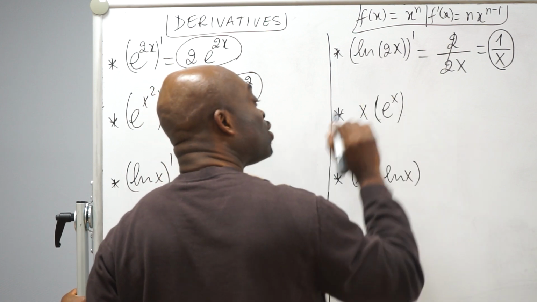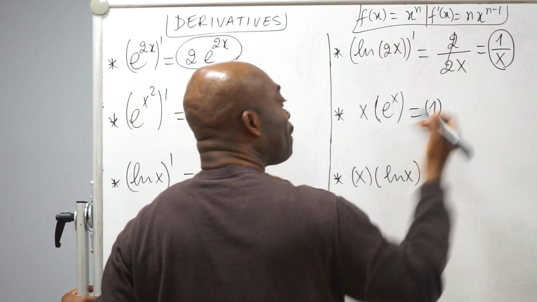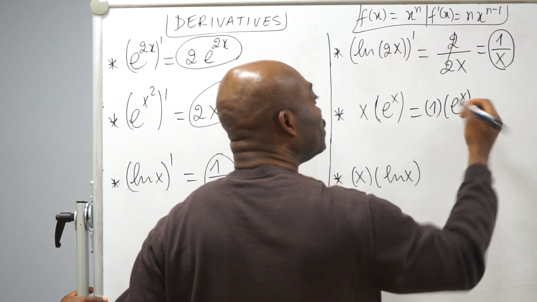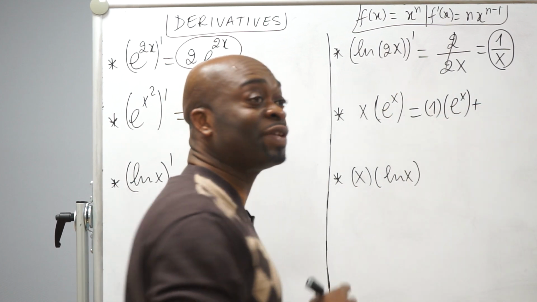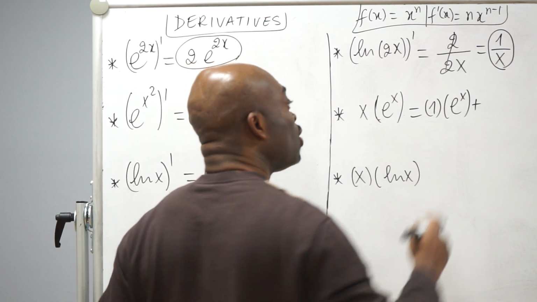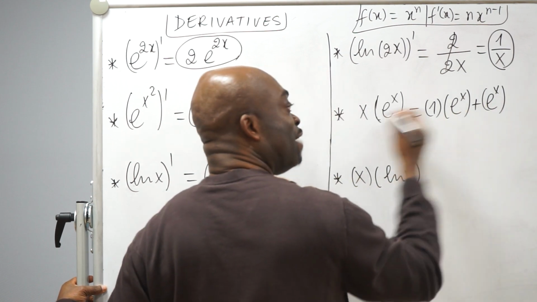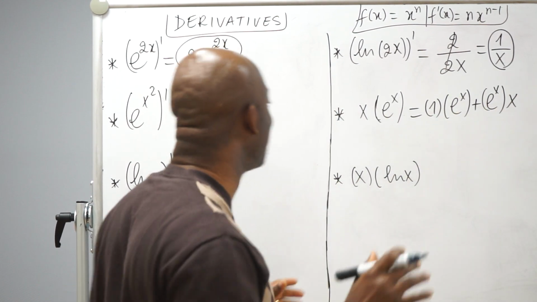So f is x, so what's the derivative of x? Is 1 times g, which is exponential x, plus g prime, the derivative of exponential x is just the same thing as exponential x. So is exponential x times f, which is x. So we're just following that formula, okay, that I'm just spelling out right now.